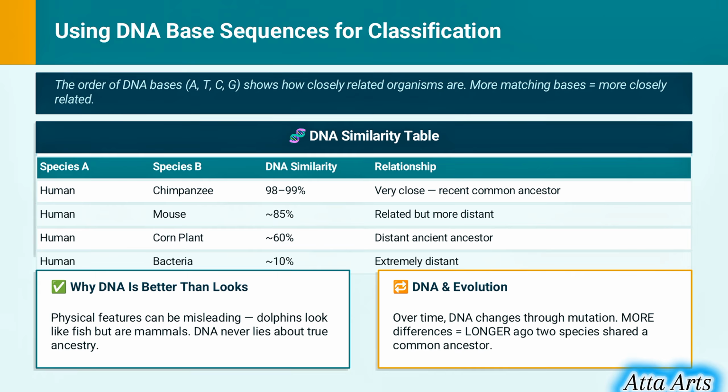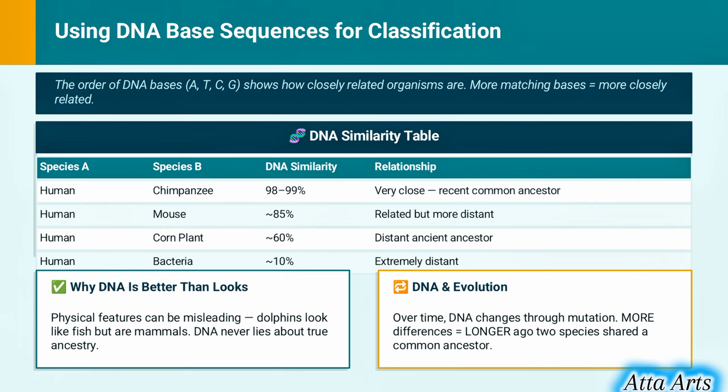DNA-based sequences. This brings us to the most modern tool in classification, DNA-based sequences. You know that DNA is made of 4 bases: adenine, thymine, cytosine, and guanine. Every living organism has its own unique order of these bases, and here is the key idea. The more similar the DNA base sequences of two organisms, the more closely related they are.